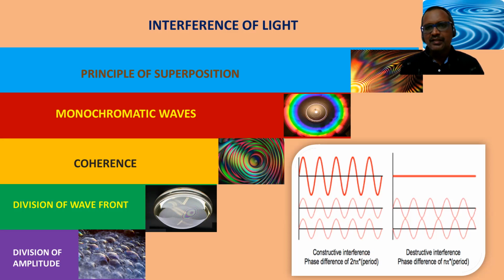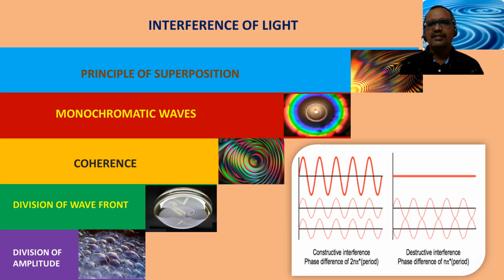This means when the crest of one wave falls on the crest of another wave, or trough on trough, the amplitude of the resultant wave increases. As intensity is proportional to the square of the amplitude, intensity increases here. Then this is called constructive interference.